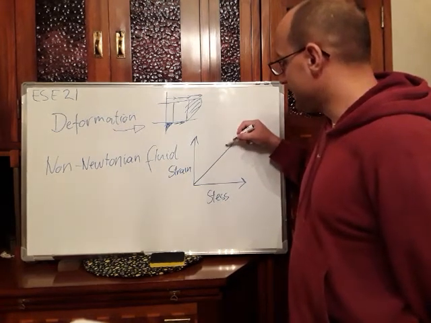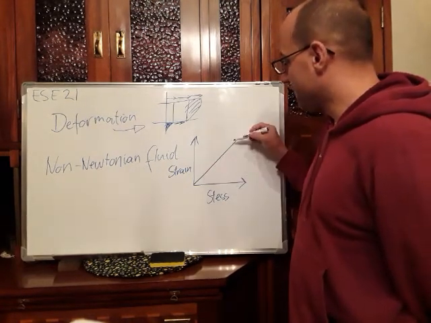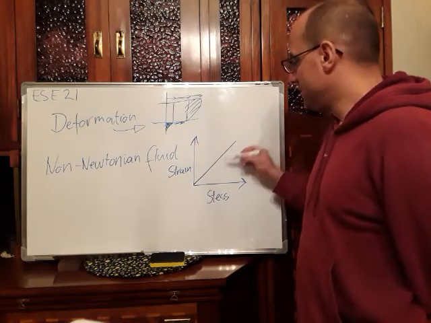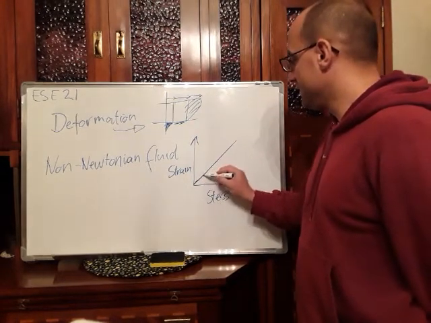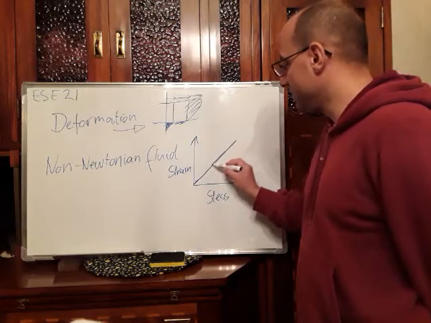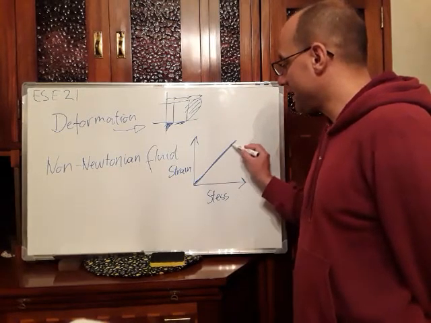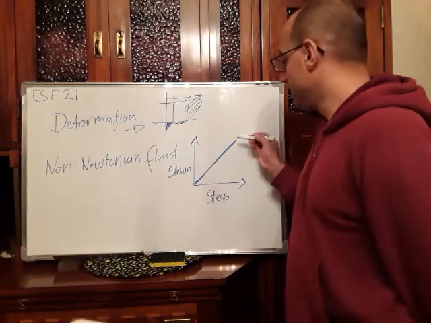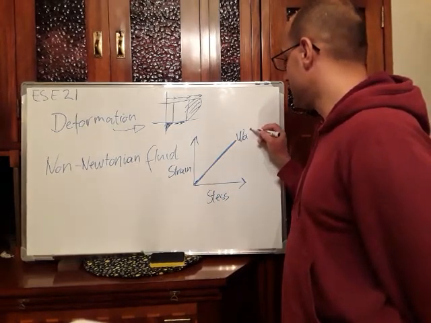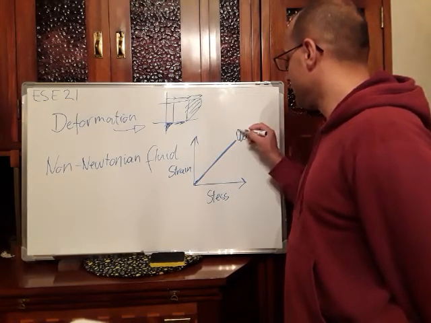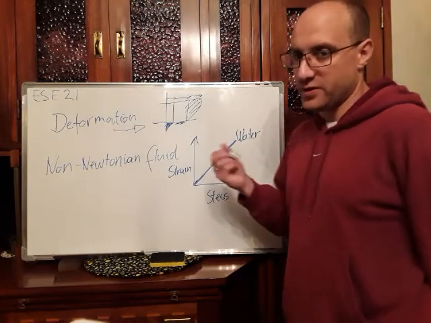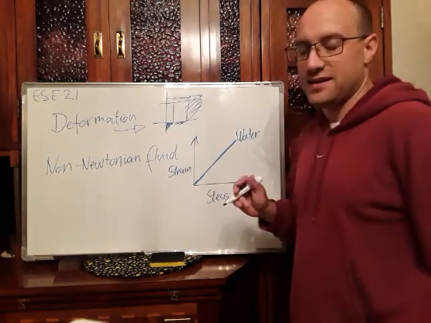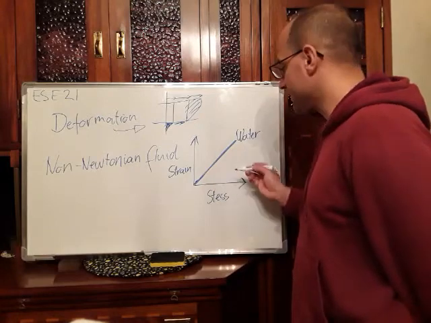So this means that it has an equal viscosity. So the viscosity, this line really is a straight line, which means that it's the same value for water. Even though there are no perfect liquid materials, if we're just thinking about the theory of physics.